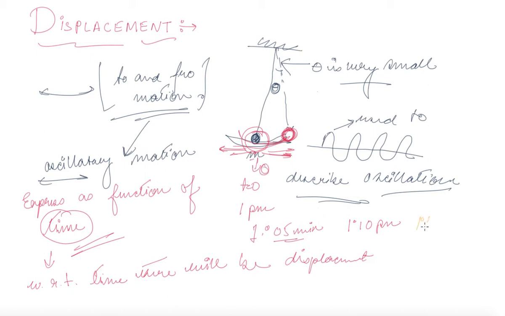Then again at 1.15 p.m. the ball moves back to its left hand side, that is the ball is displaced. Again at 1.20 p.m. the ball again comes back to its equilibrium position from where we have started the count, that is we have started from 1 p.m. and it has returned at 1.20 p.m.